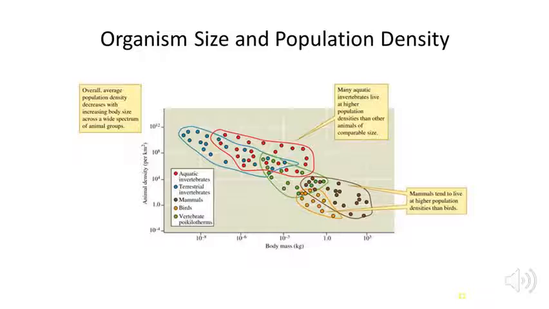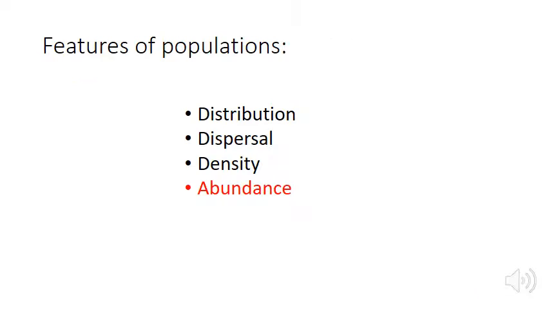You can see that relationship holds true across these different groups, but there are sometimes some differences between groups. For example, large mammals tend to occur in slightly higher population density than large birds do. But across the board, there is still this really well kept negative relationship between organism size and population density.